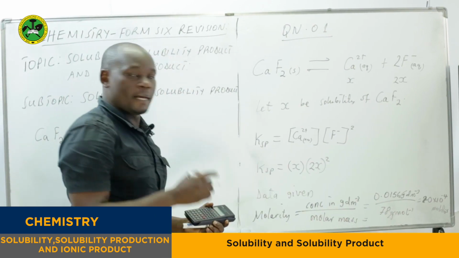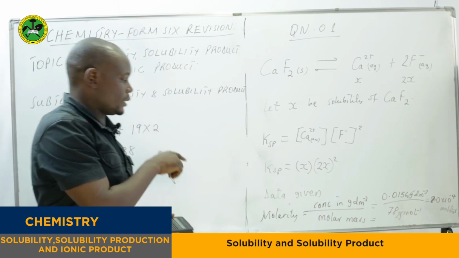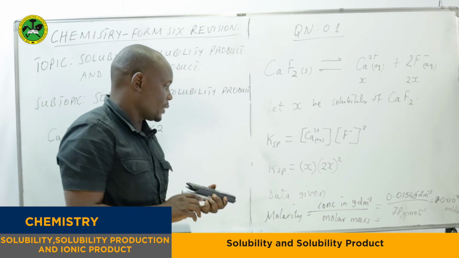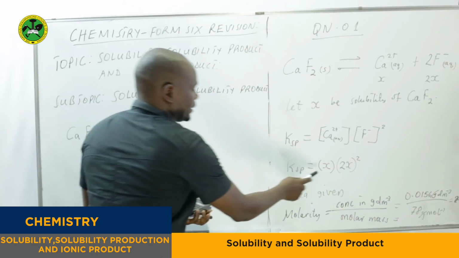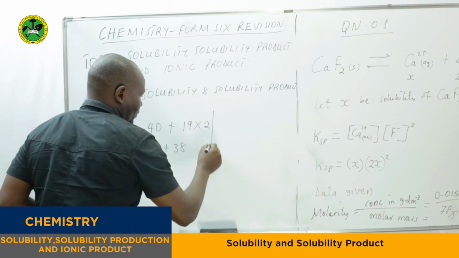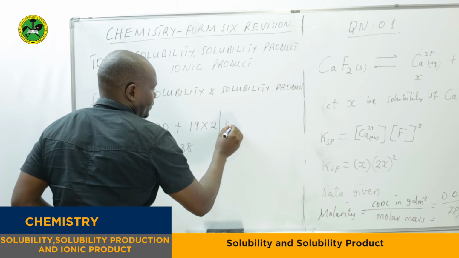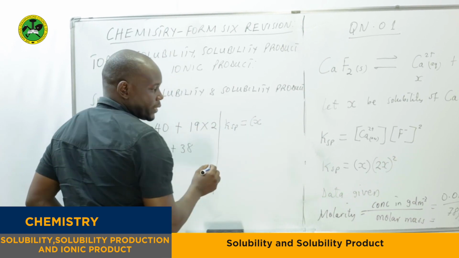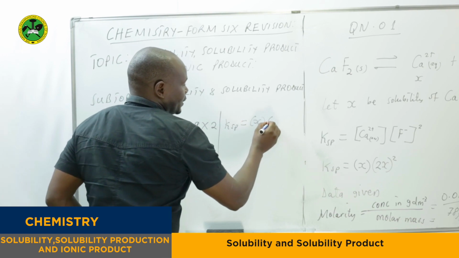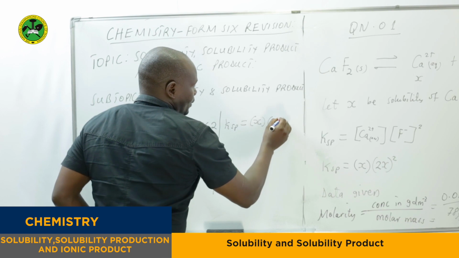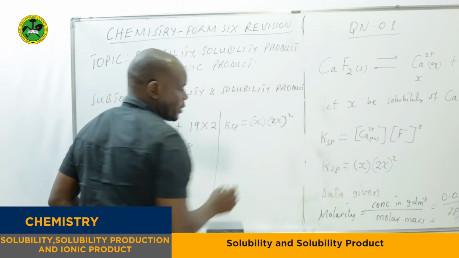So that is the molar concentration of calcium fluoride in moles per decimeter cubed. Now, since we have said that the Ksp is equal to the concentration of calcium ions times the concentration of fluoride ions, squared.